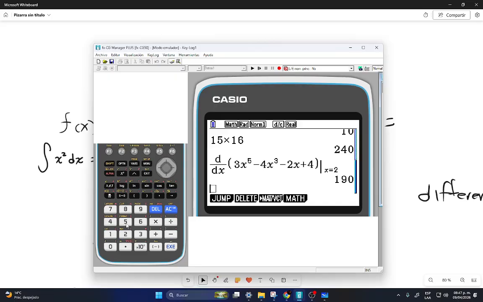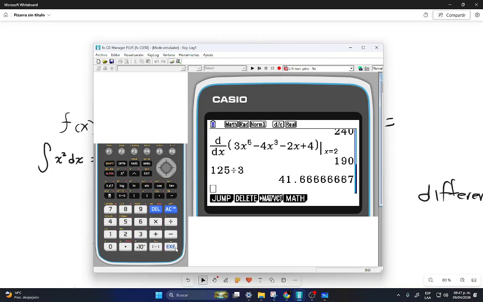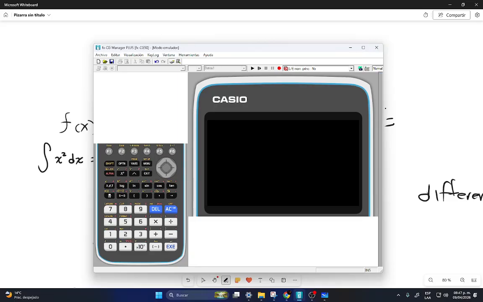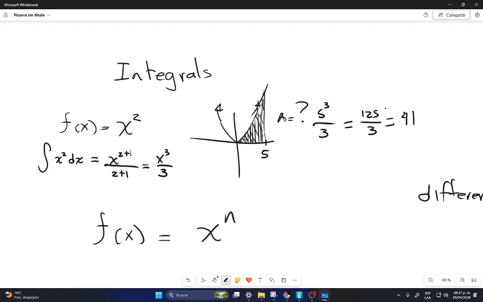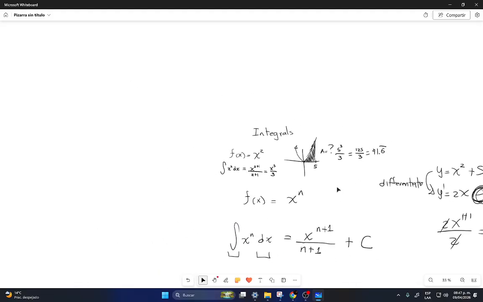It's approximately 41.6 repeating. That's the value of the area below x squared from the origin of the coordinate plane to 5. Okay, so a few considerations.